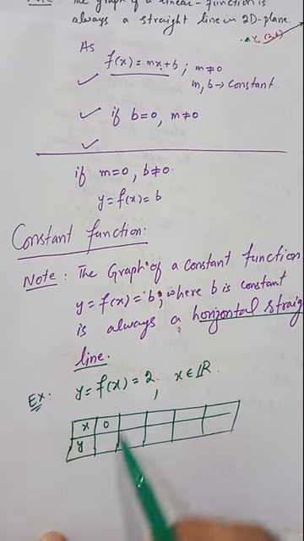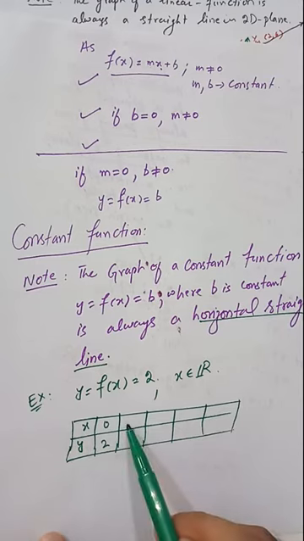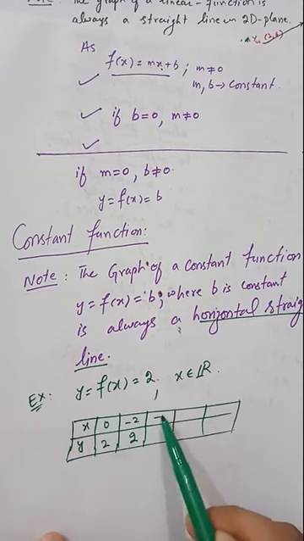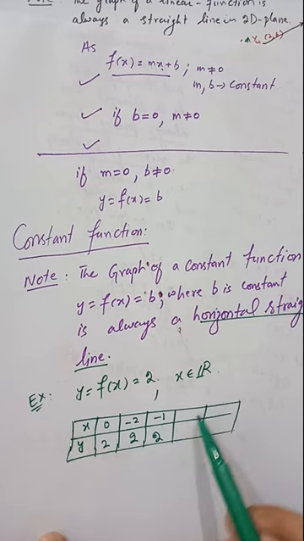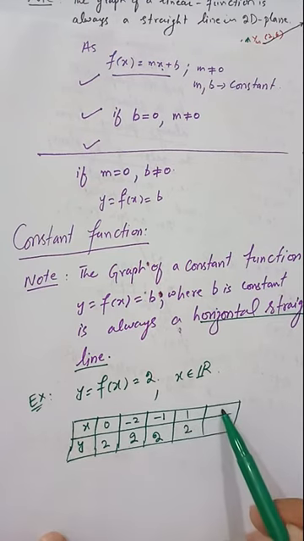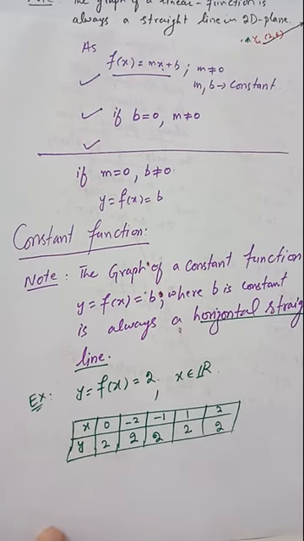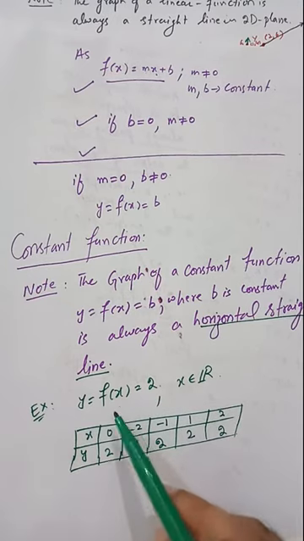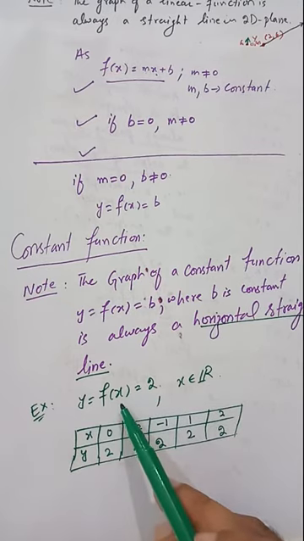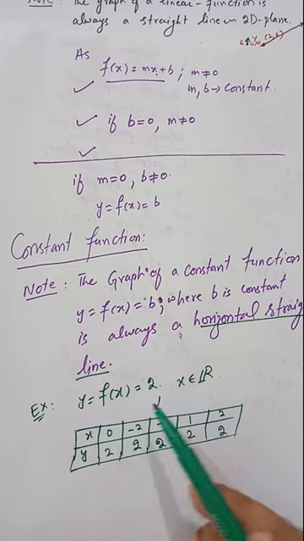So for 0, the given function will be 2. If I put -2, the function will be 2. If I put -1, the function will be 2. If I put 1, the function will be 2. If I put 2, the function will be 2. For any input, for any domain value, the function will be 2, meaning constant function.